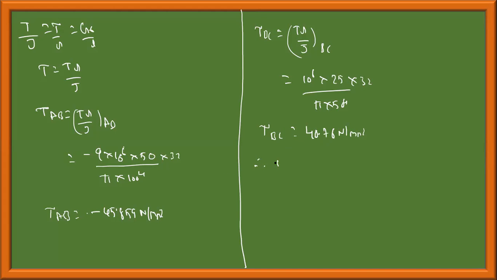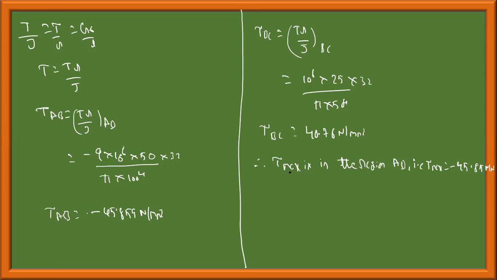Therefore, tau max is in the region AB, that is tau max is equal to minus 45.85 Newton per mm square.